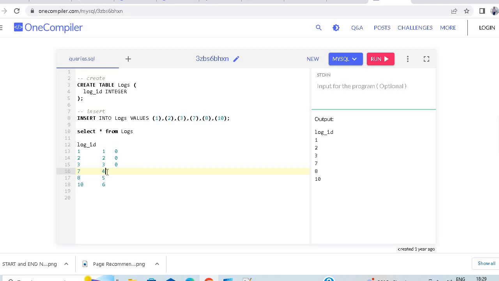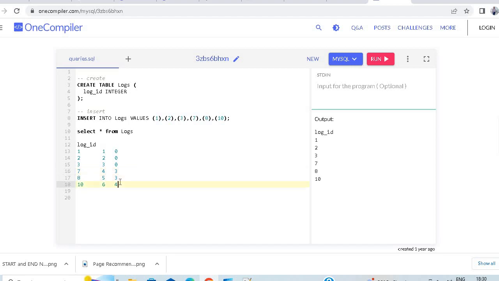Then 7 minus 4 will be 3, 8 minus 5 will be 3, and 10 minus 6 will be 4. From this column you will be able to understand that my first three numbers are continuous, my second two numbers are also continuous, and the fourth one is also continuous. So what I can do is find the min and max of these by grouping.